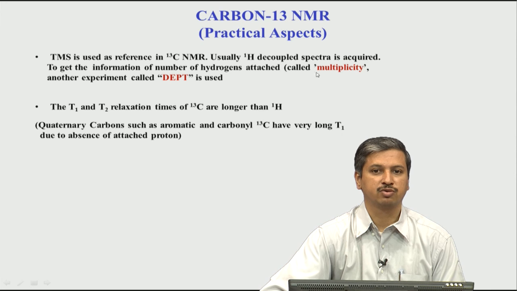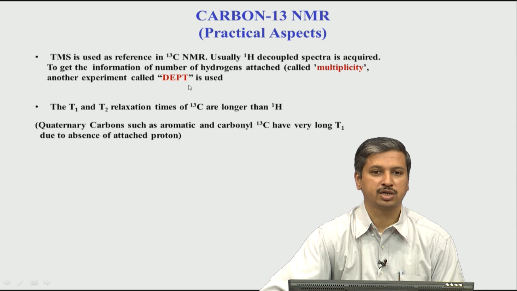Now the one thing we saw is that we lost the information of how many hydrogens are attached to the carbon. That is useful because, remember, looking at a peak, I can directly say whether it is a methyl peak or it is coming from methylene or it is from methine and so on. That information is lost if I do decoupling, but there is a technique called DEPT, D-E-P-T, an acronym for a bigger name which we will see later, and that experiment helps you to get this information.